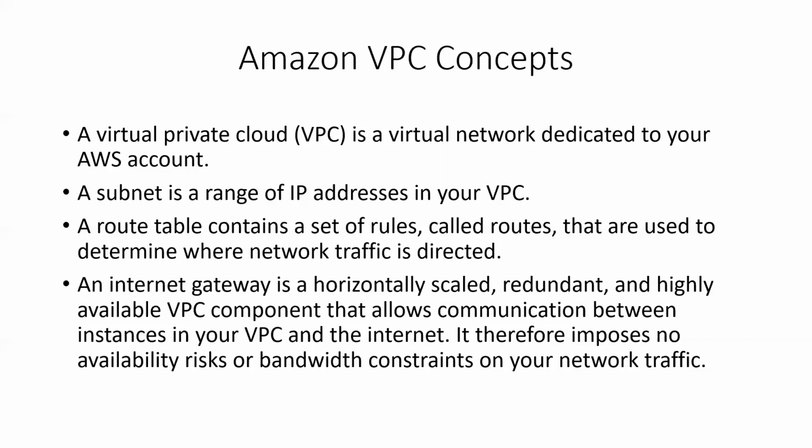If somebody from outside of your VPC wants to talk to any of our resources, it has to come through the internet gateway. Or if any of your resources need something from outside, it has to go through the internet gateway. So your internet gateway has to be attached to the VPC, then only you will have internet connection. Otherwise, no internet connection.